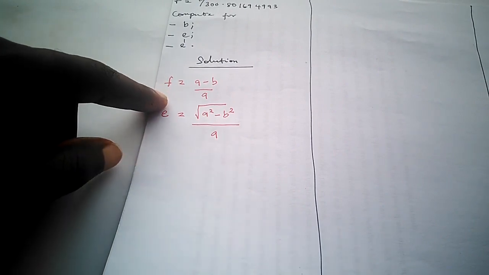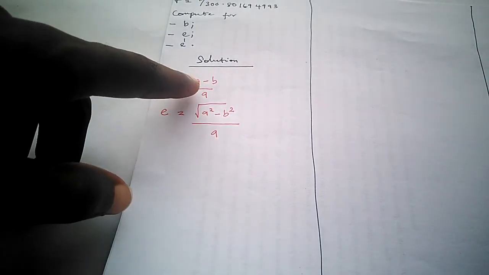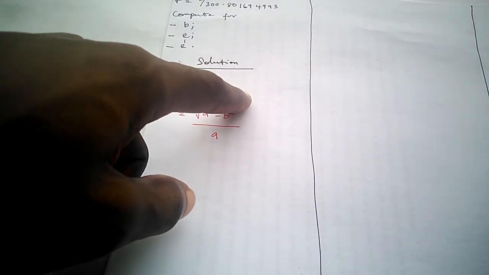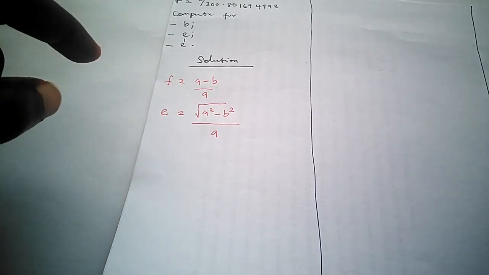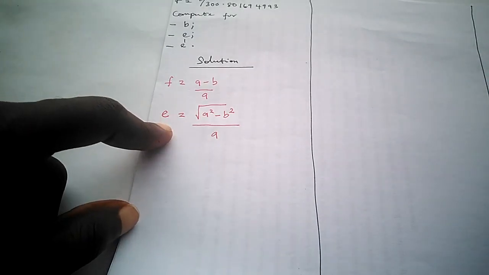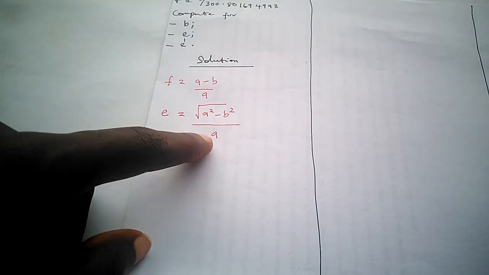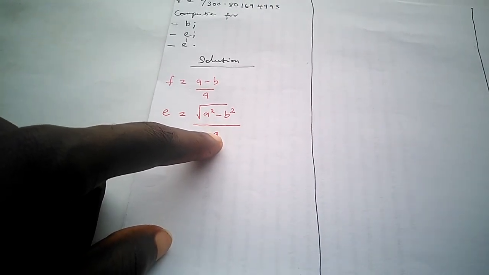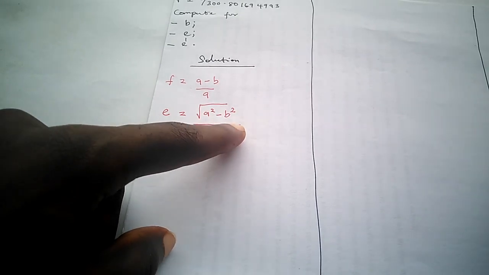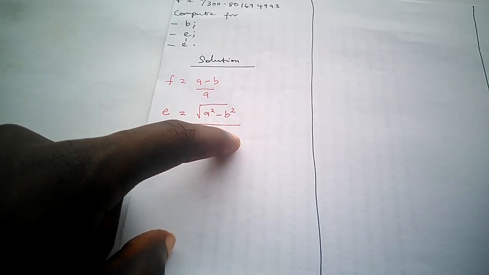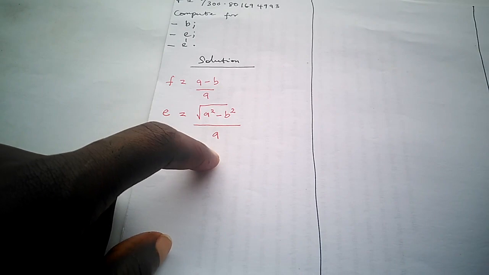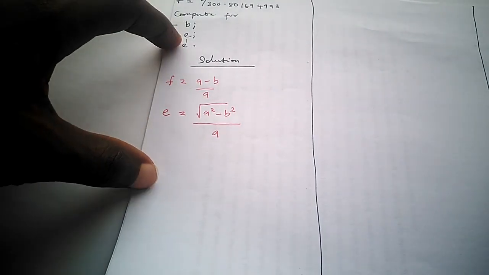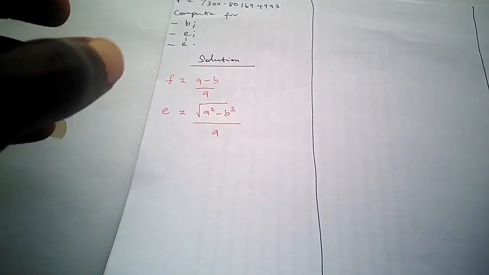The first formula is for flattening, which says the semi-major axis minus the semi-minor axis divided by the semi-major axis, whereas the formula for the first eccentricity states that we have the square root of the square of the semi-major axis minus the square of the semi-minor axis, divided by the semi-major axis. So now, having quoted these formulas, we are going to start right away.